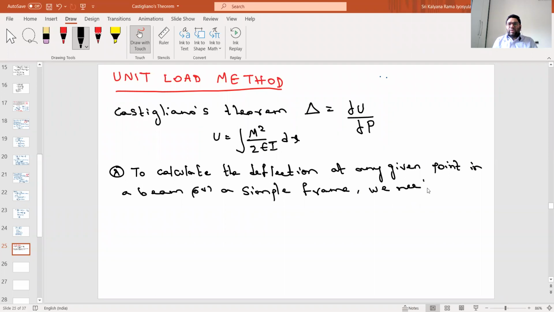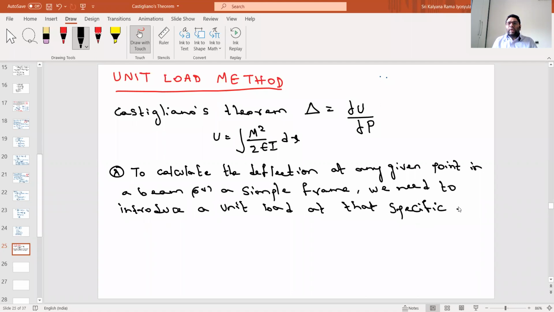we need to introduce a unit load at that specific point, that is, at the point where we need to calculate the deflection.